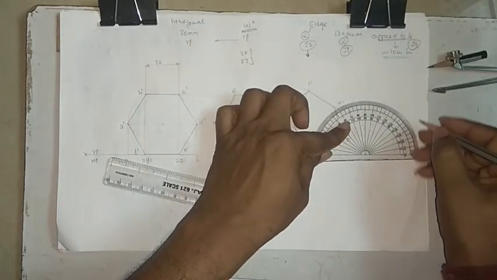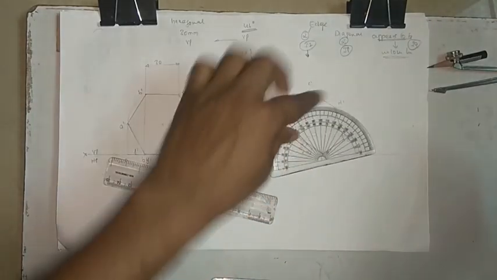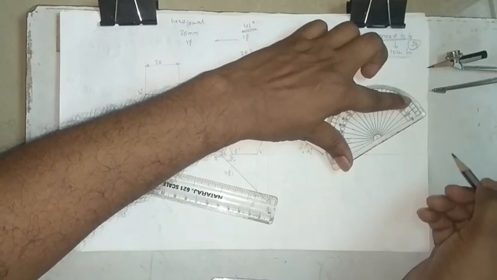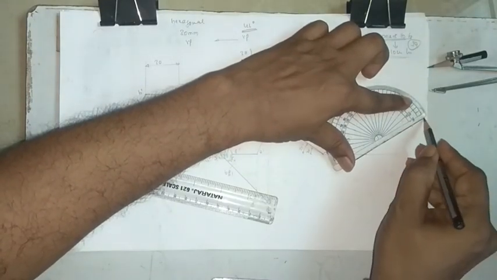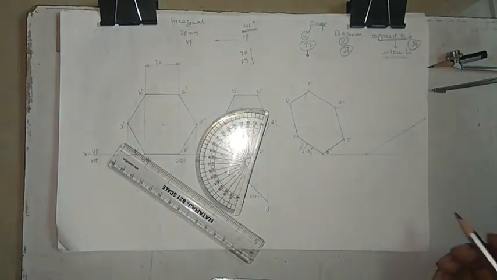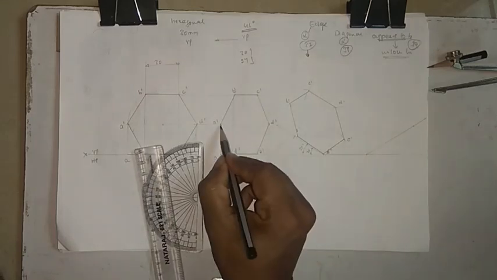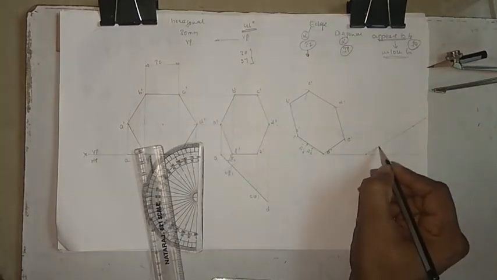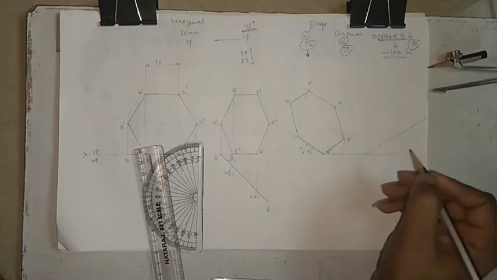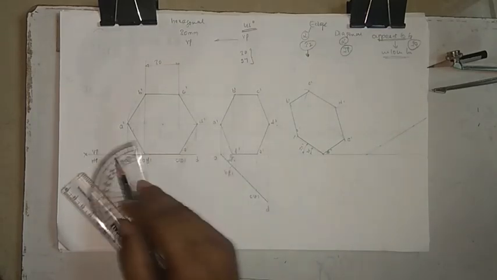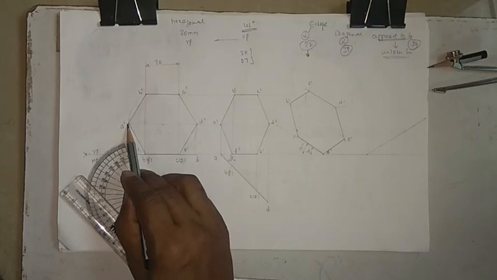We'll take a 30 degree line, say for the time being this side. Now the resting corner is A, so we'll take A somewhere here. Then we'll take the first diagonal, that is A to D.